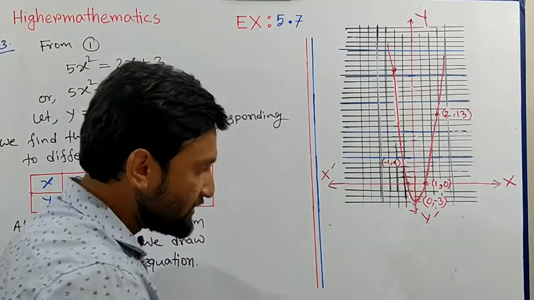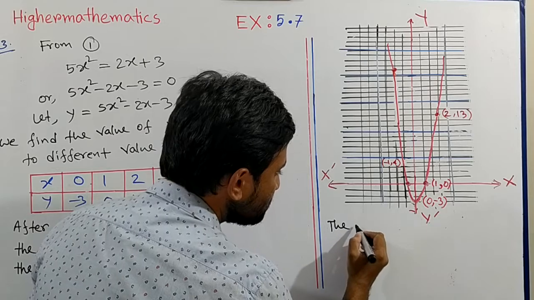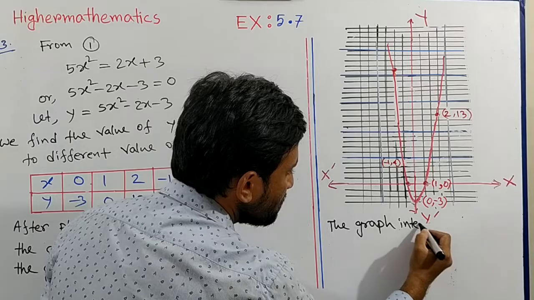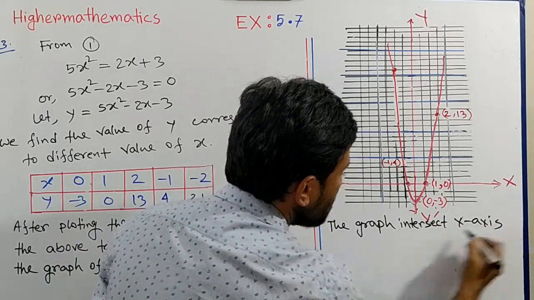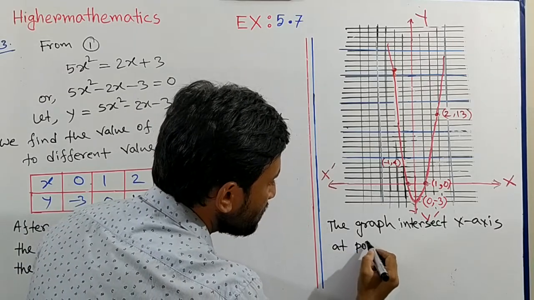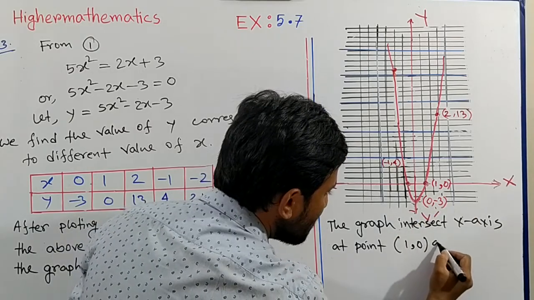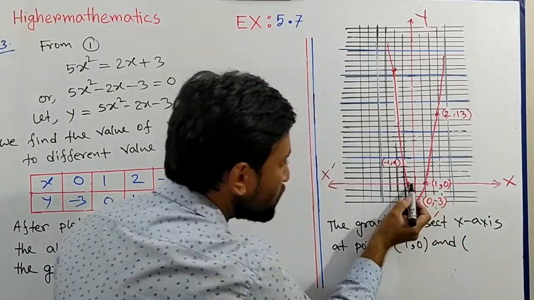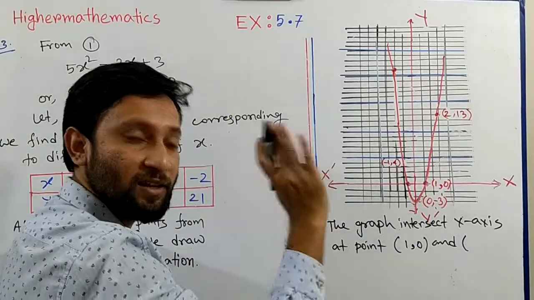So you can write the graph intersects the x-axis at the point (1, 0) and another point (−0.6, 0). This point is more than 0.5 on the left-hand side and the value is negative.